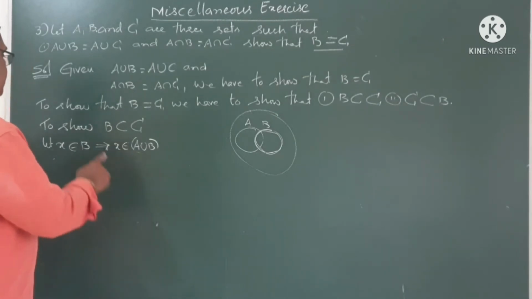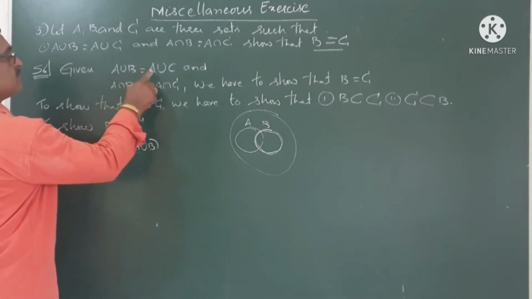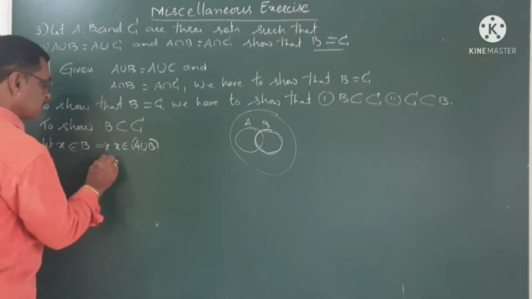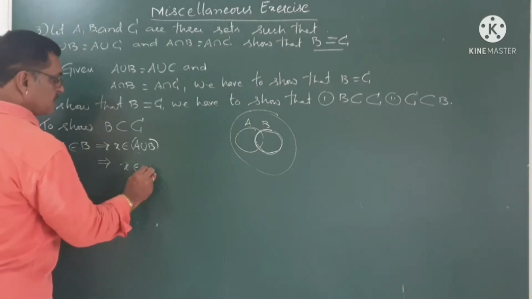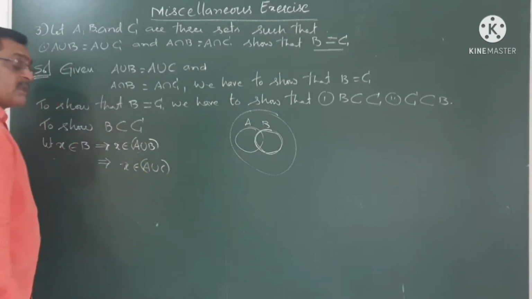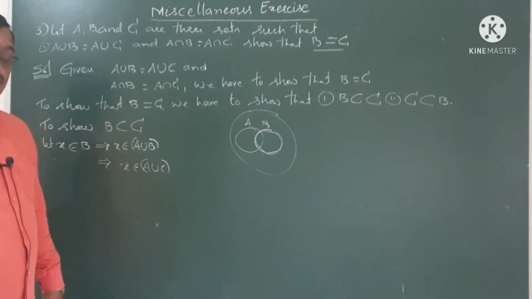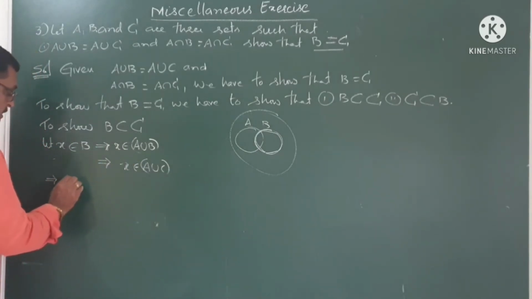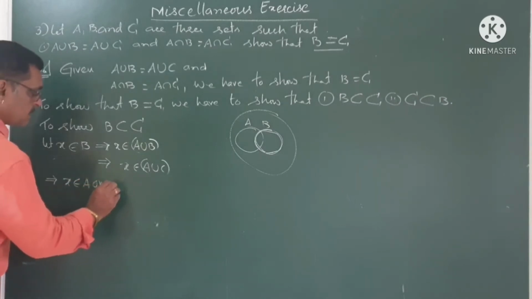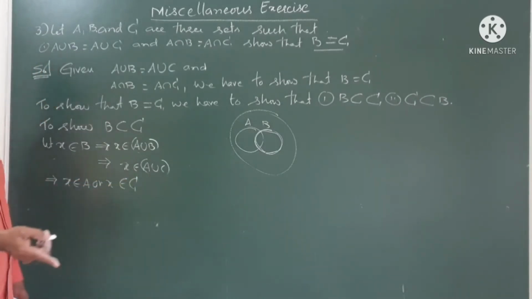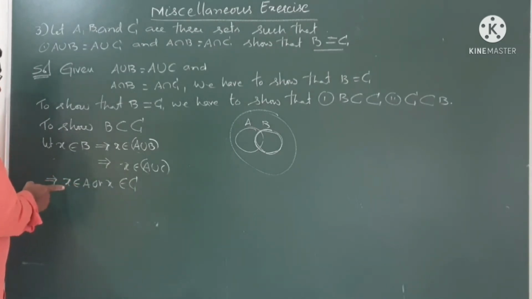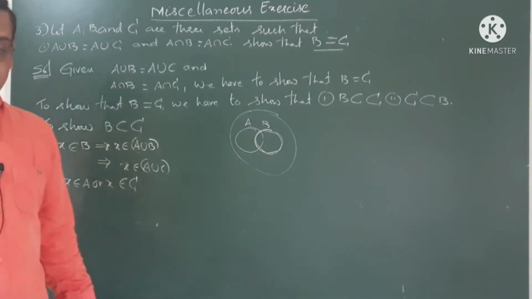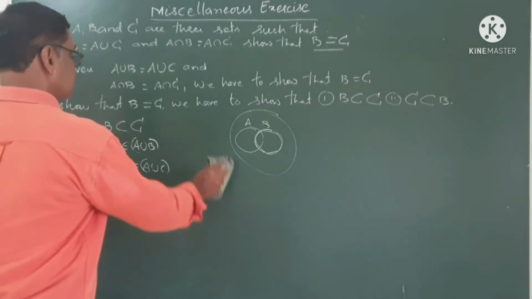Now, I use this condition. What is the condition? A union B is equal to A union C. So this implies x belongs to A union C. Now, x belongs to A union C implies x belongs to A or x belongs to C. Either this or that. So my x can be in A or in C. So two cases I have.